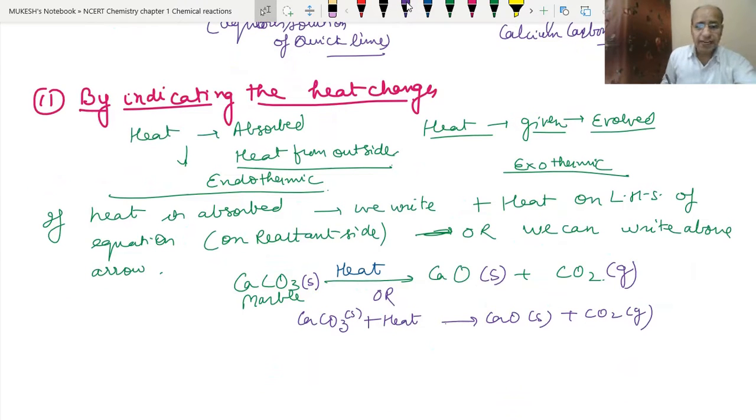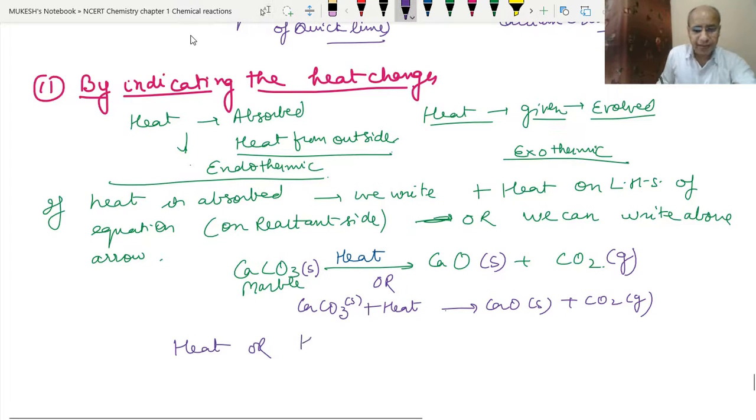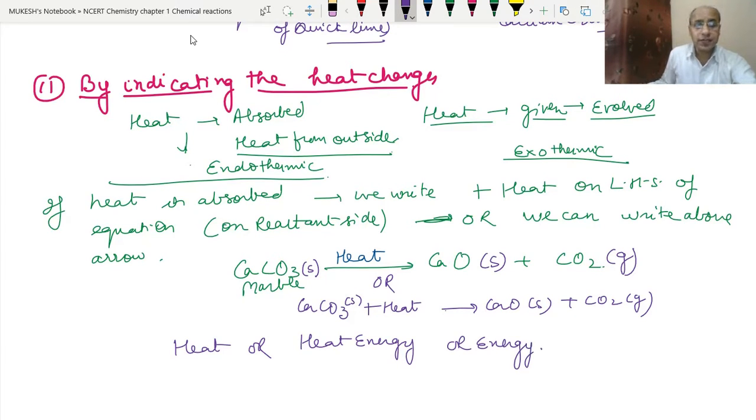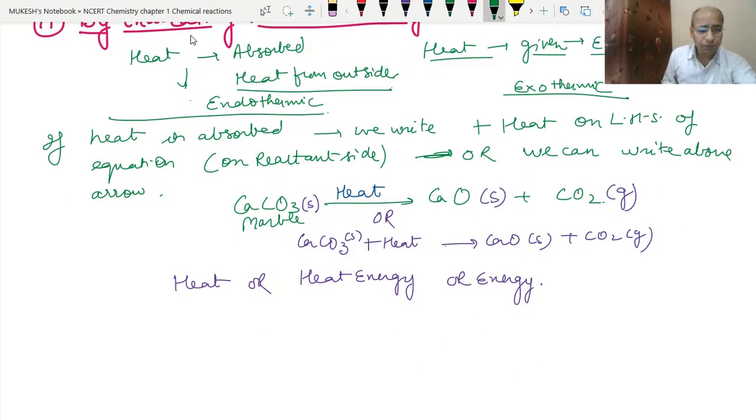There are different terms that we can write instead of heat. We can write heat, or heat energy, or we can just write energy also. These are the different forms of the word that we can write on either the left-hand side or the right-hand side. Now if heat is evolved, that means during the reaction the heat is being given, then what will we do?